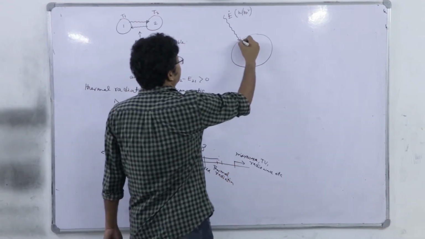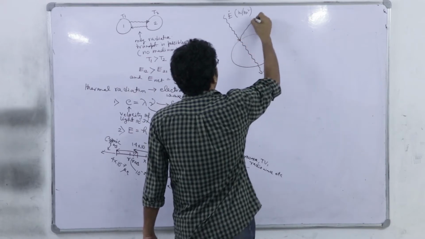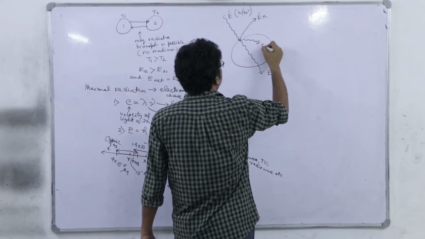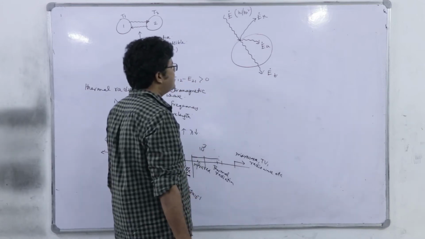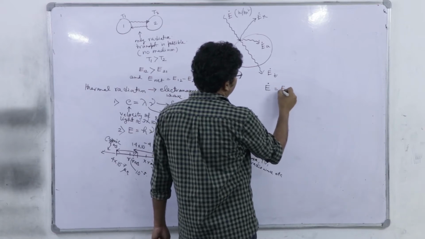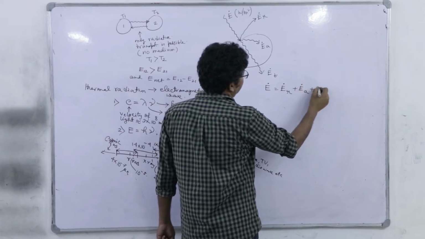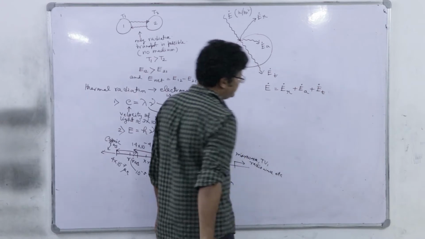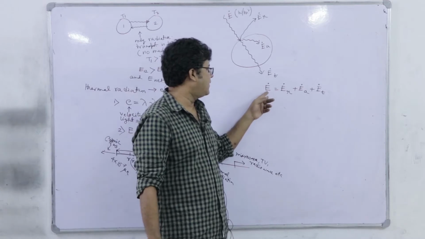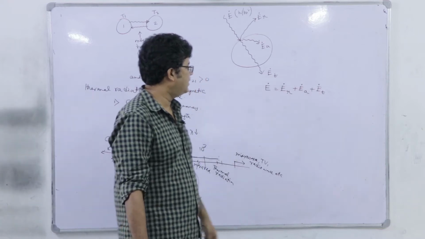A part of this radiation will be transmitted, E dot T, a part will be reflected and a part will be absorbed. So, E dot is equal to E dot R plus E dot A plus E dot T. A part is reflected, a part is absorbed and part will be transmitted.